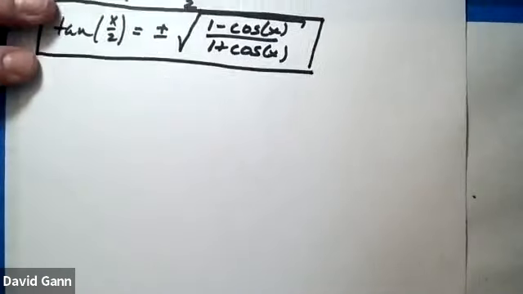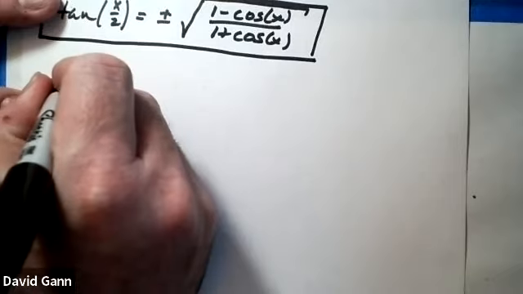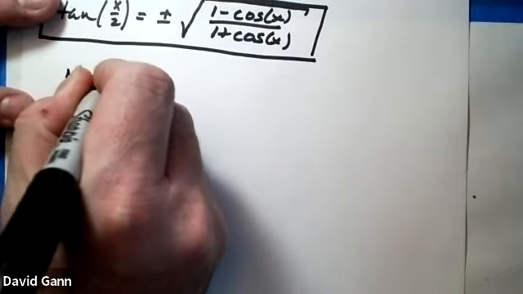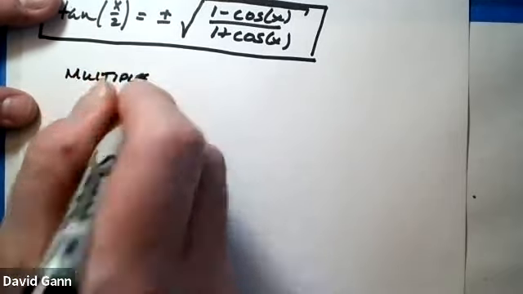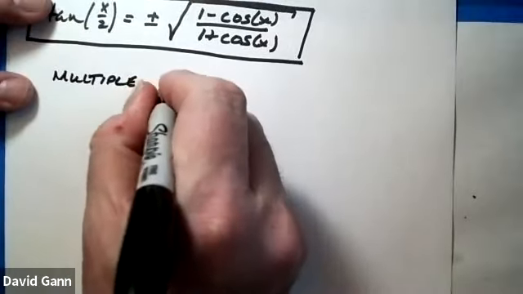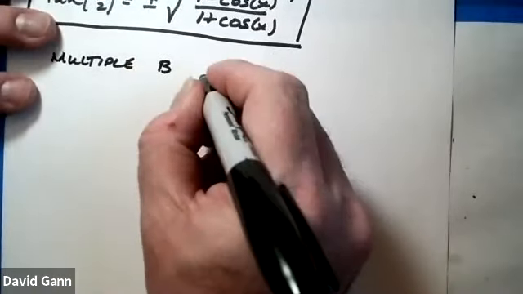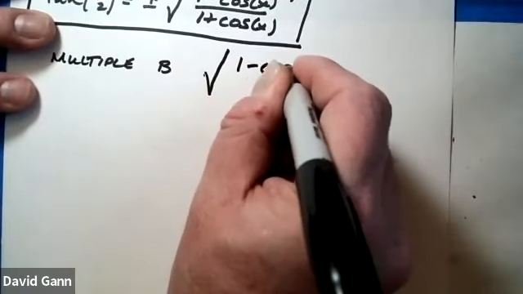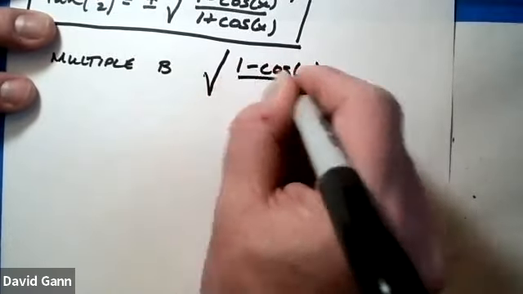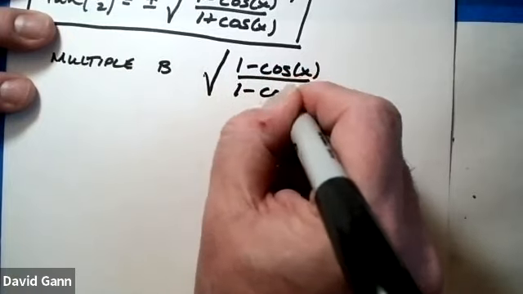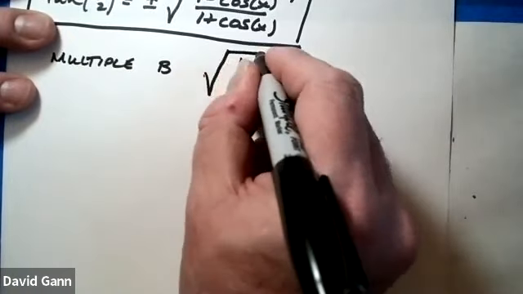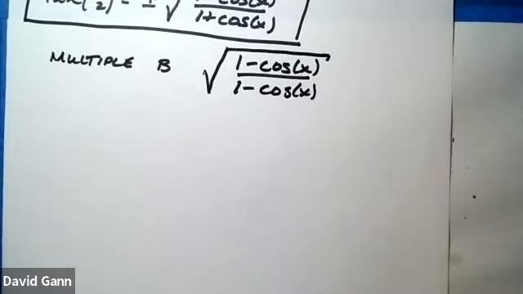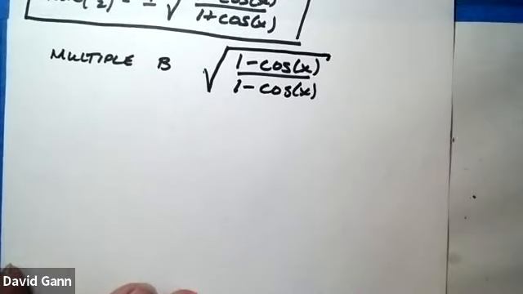So what I'm going to do is multiply this expression on the right by the square root of 1 minus cosine of x over 1 minus cosine of x. Because we're going to see some neat things pop out of this.